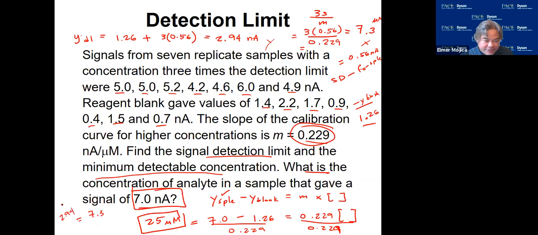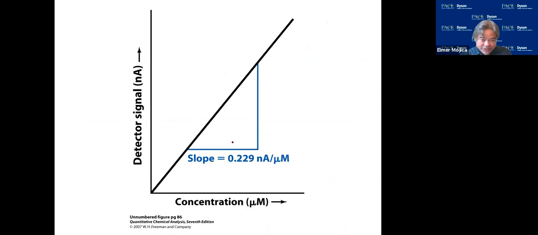So if you have a 7, that means the answer should be higher than 7.3. That's how you determine the detection limit.